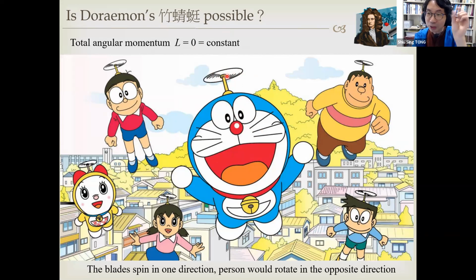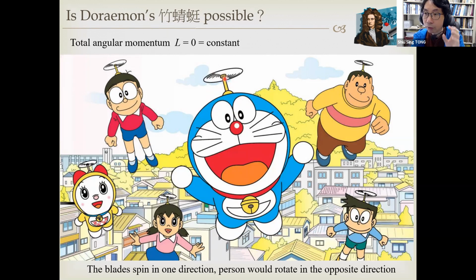If the Zhuqingting is spinning faster and faster, then by conservation of angular momentum, Doraemon's body will spin in the opposite direction. Because initially, the Zhuqingting does not spin, right? So it has zero angular momentum. When its spinning speed is accelerating, that means the angular momentum of the Zhuqingting is increasing.